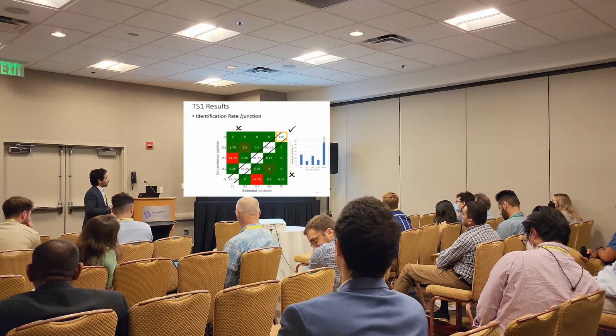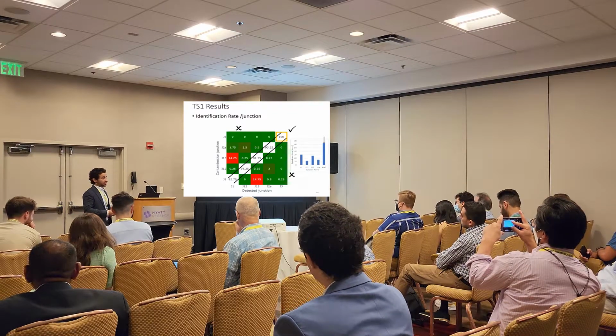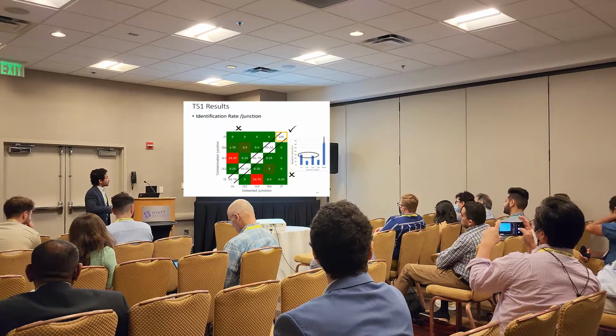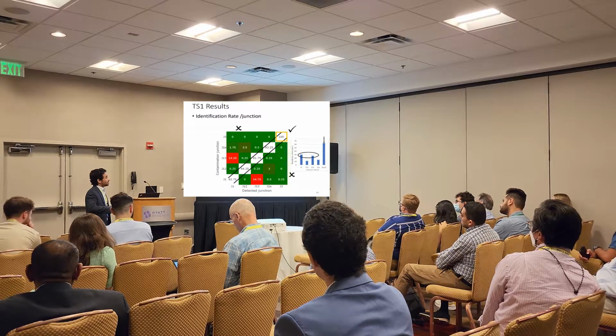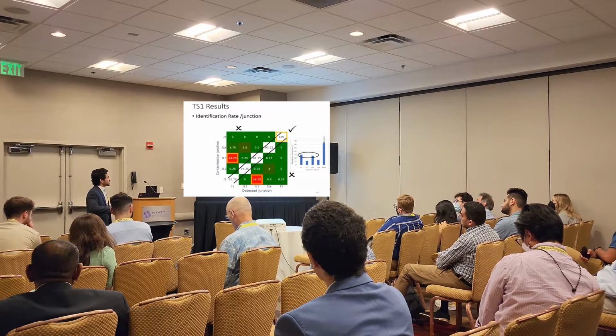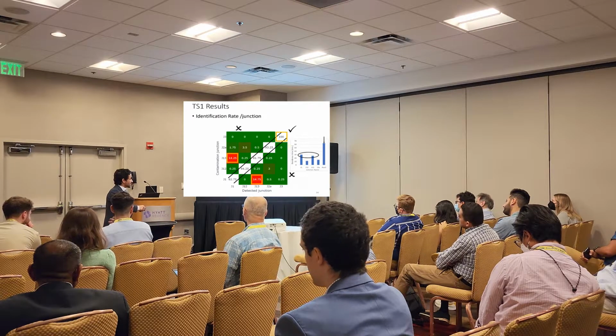On the other hand, the off diagonals represent the misidentification rate. Because J1 and J13 have the same or almost the same residence time, they were commonly misidentified with each other. So J1, when it was the actual contamination junction, was misidentified with J13, and the same thing the other way around.